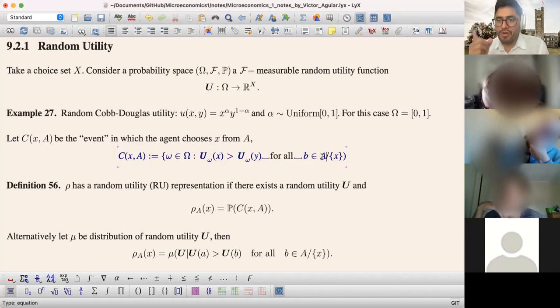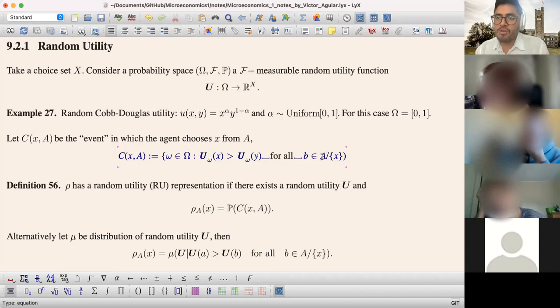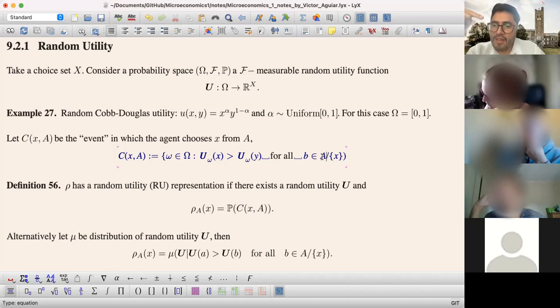Because one day you chose cold over hot, and the other day you chose the opposite. But then, possibly not in the data set of the decision empiricist was the information that one day was very cool and the other day was very hot, right? And that information is captured in omega. That is a hidden state of the world, right?